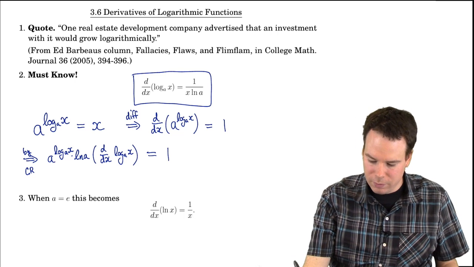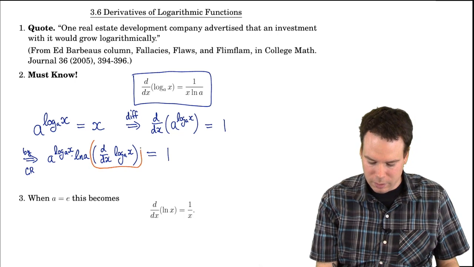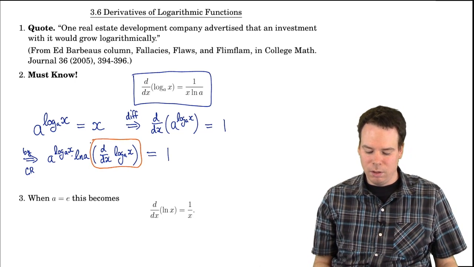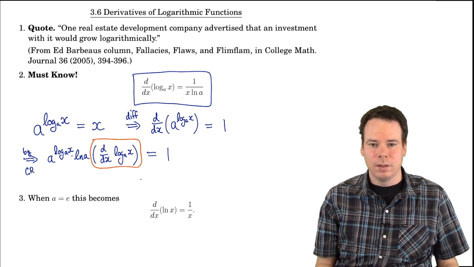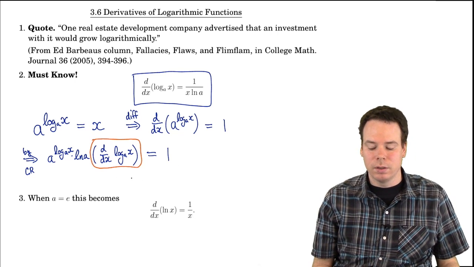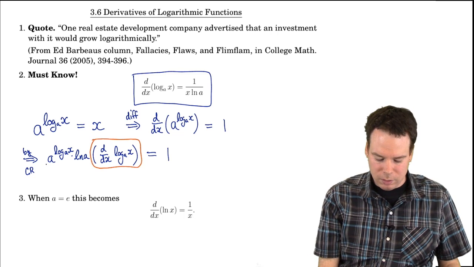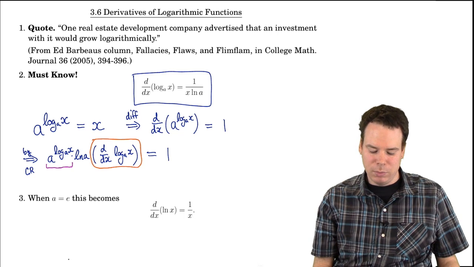And so here's the key fact. What we're looking for, the thing we don't know, is the derivative of the logarithmic function of base a. We've now got it tied up in an equation, so we can try to solve for it. One further thing to note is that we've got a to the log base a of x appearing.